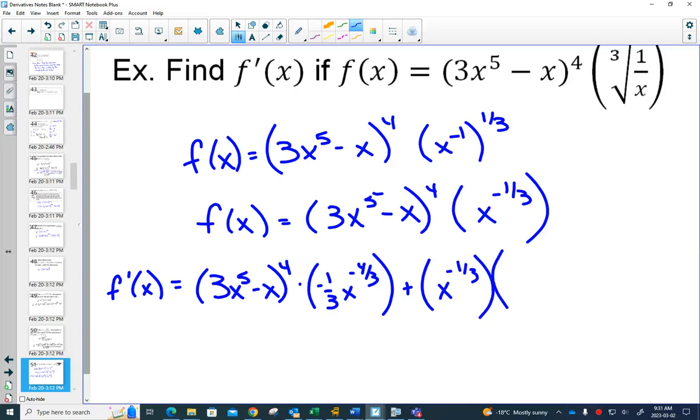Derivative of the first one, and the first one is a chain rule. Chain rule says derivative of the outside function, which means the 4 comes out in front, subtract 1 from the exponent, keep the inside the same, multiplied by the derivative of the inside function.